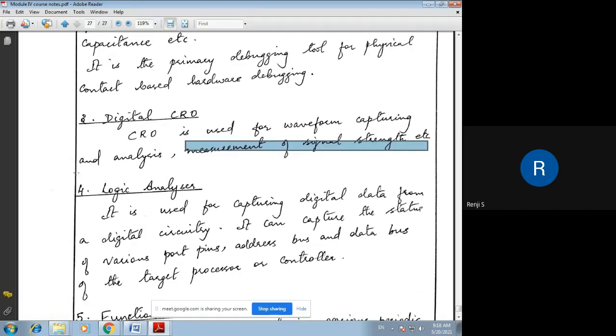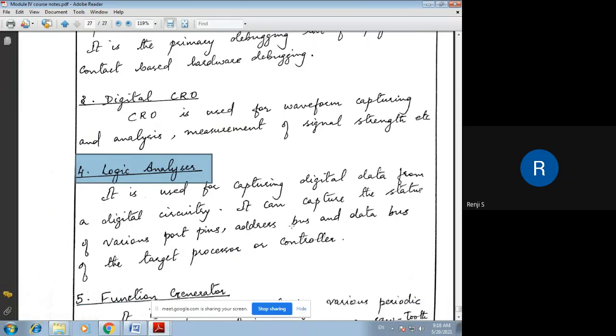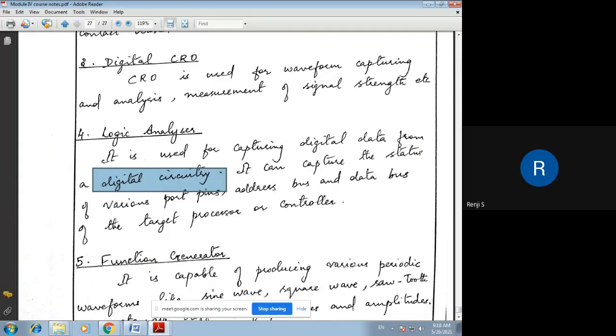Then the fourth hardware debugging tool is the logic analyzer, and this is used for capturing digital data from digital circuitry. Digital data means zeros and ones, and it can capture that. So it checks the values of the various ports.